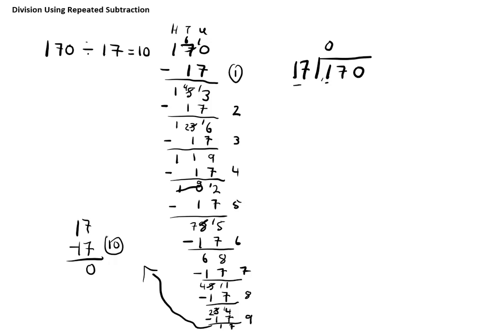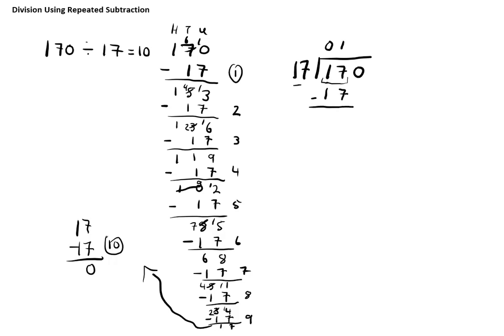So we then group these two numbers together, and we ask ourselves, how many 17s are in 17? And our answer is 1. So we write this number underneath, making sure to stack it with the units under the units, the tens under the tens.